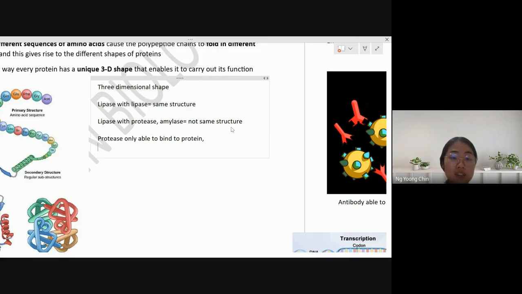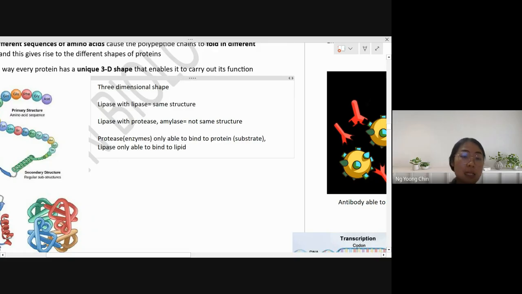And lipase is only able to bind to lipid. Protein is the substrate, and protease is the enzyme. Lipase is also an enzyme, and lipid is the substrate itself.